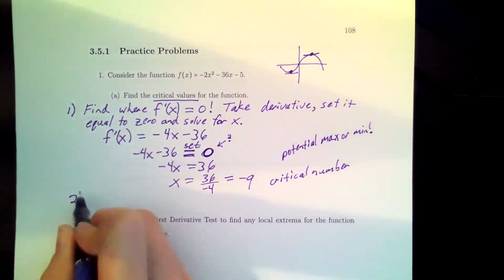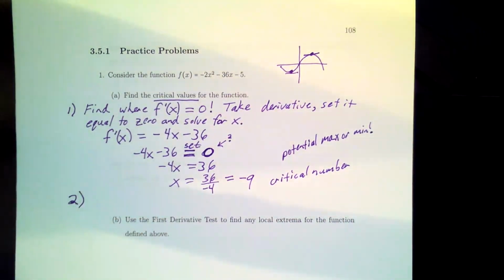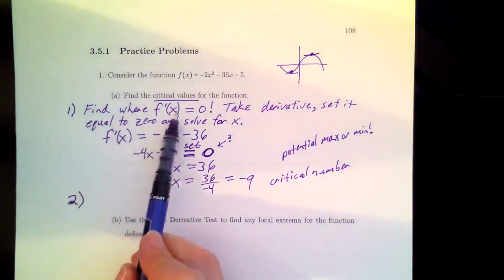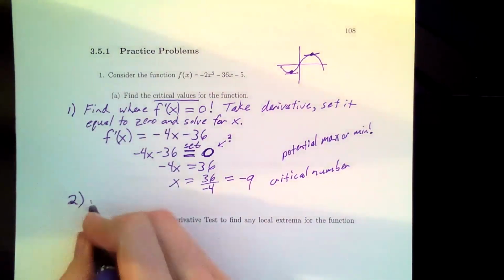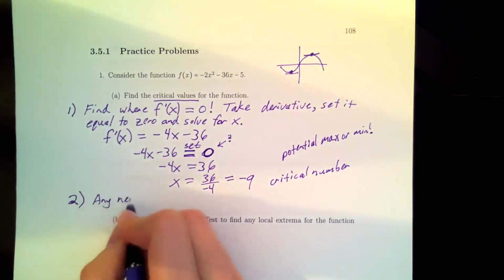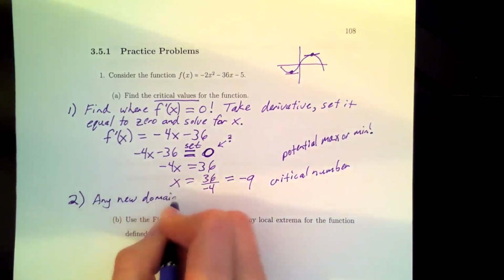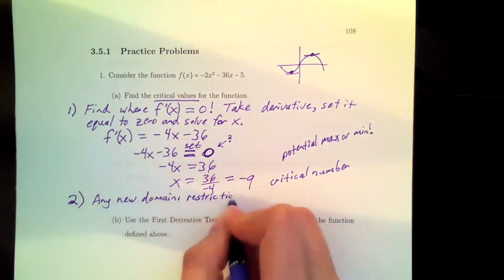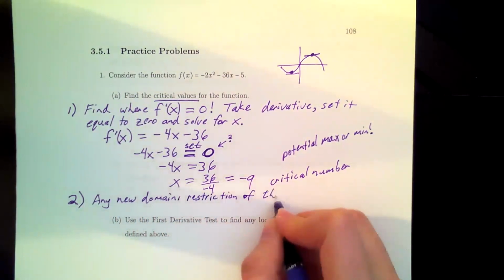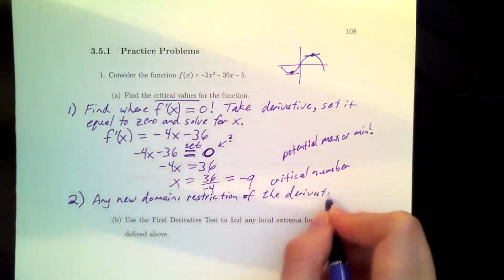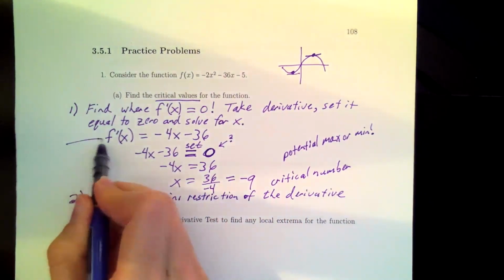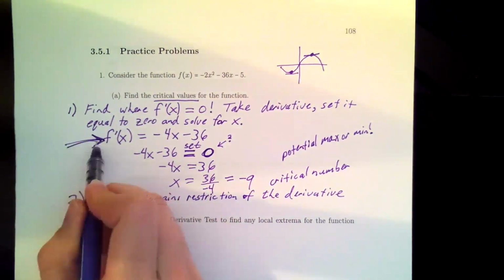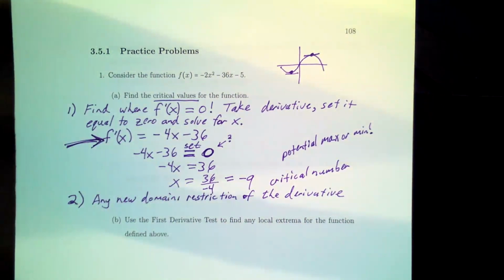The second place that these critical numbers may come from is, 1, where the derivative is 0, and 2, any new domain restrictions of f prime, of the derivative. So when I look at my derivative function, I'm looking for quote, quote, bad x values. Are there any x values that might make a denominator 0 here or something like that?